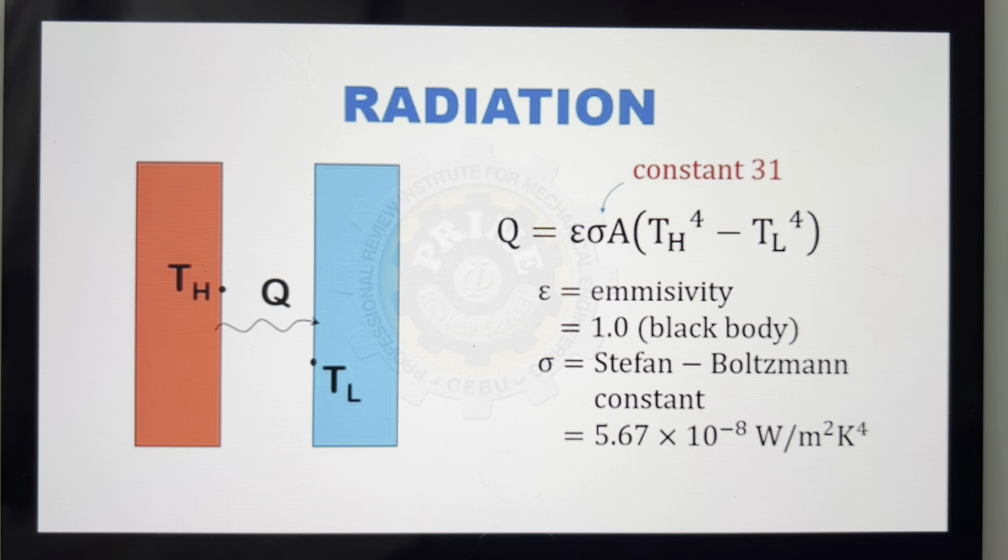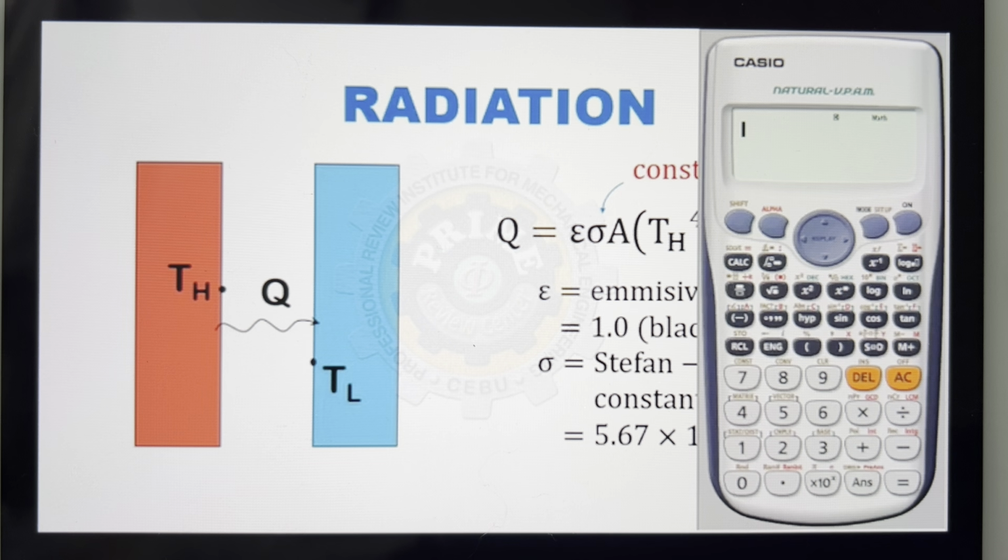Okay, so check natin sa calculator kung yan nga ba. So sa calculator, press shift, then constant. Then type 31 kasi constant 31. So it is actually yung sigma sa calculator. Then press equal. So yun nga ang kanyang value, 5.67 times 10 to the power of negative 8.